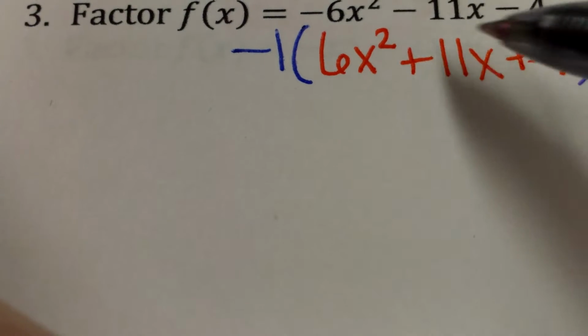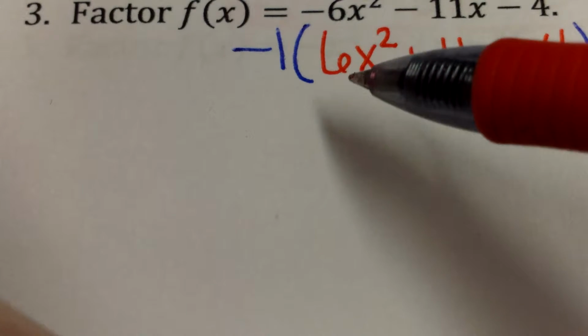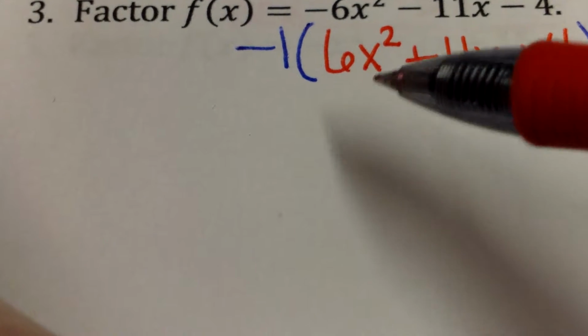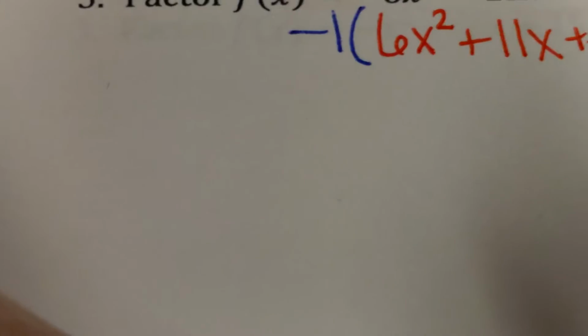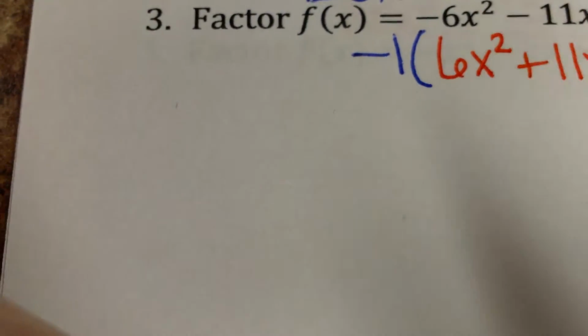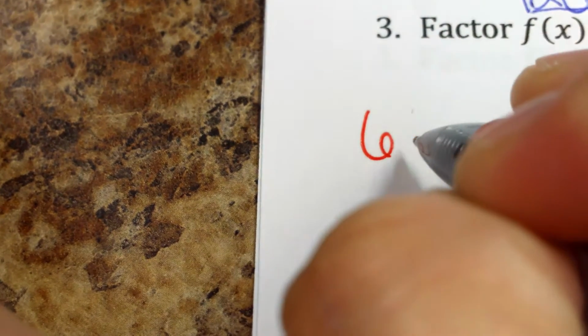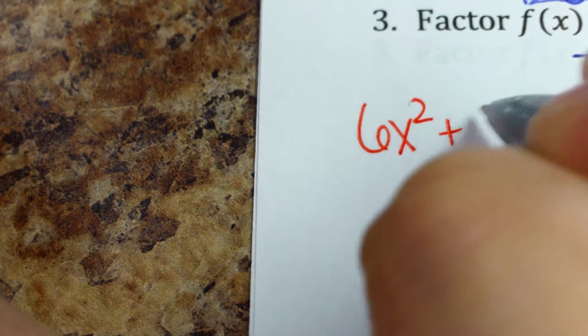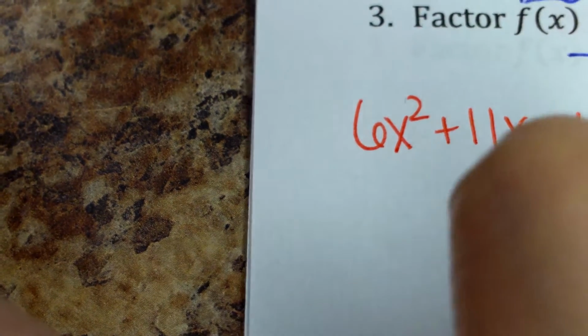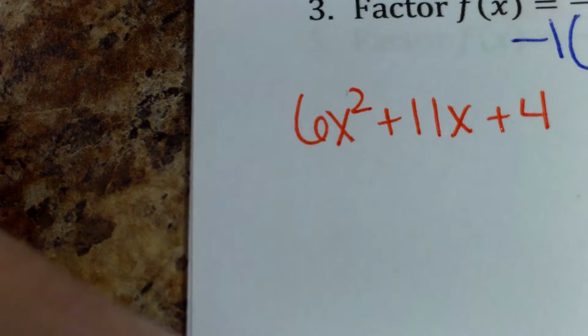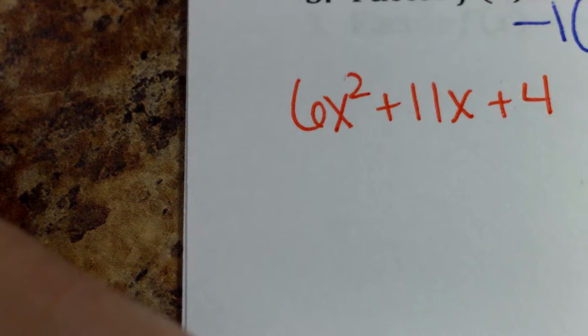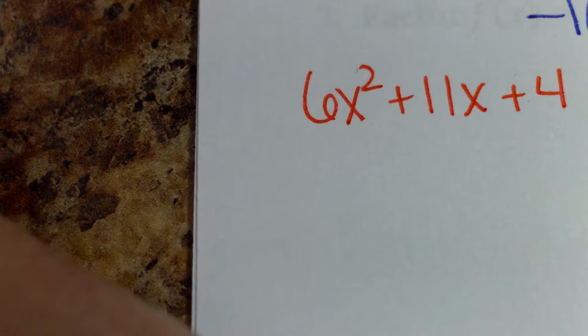Now that you have the positive coefficient at the beginning, now you can factor. So we're going to ignore the negative for right now, and we're going to factor out this part, 6x squared plus 11x plus 4. We cannot forget the negative until the very end, and we add it to our answer.